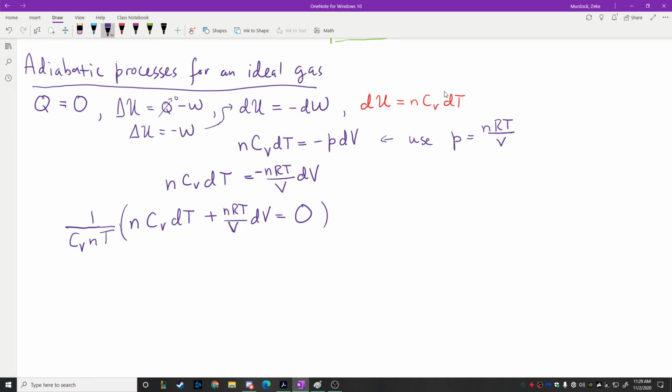Multiplying through, in the first term we get just dT divided by T. In the second term, the n's will cancel, and the T's will cancel. So we'll have R divided by the molar specific heat at constant volume, and then a dV over V term.